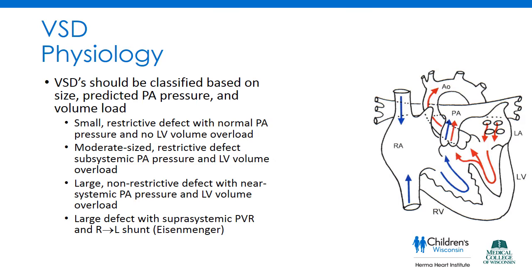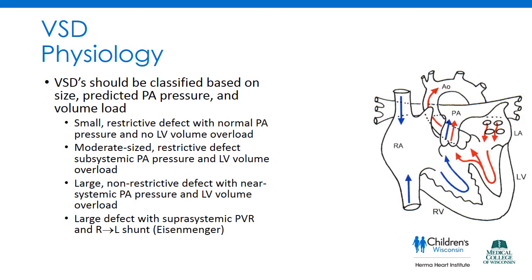A moderate size defect usually has some restriction, so blood flow is not just freely going across, but it's larger than a small one, and the PA pressures are lower than the systemic ventricle. But we do see that over time, the LV and LA dilate because of that significant volume overload.